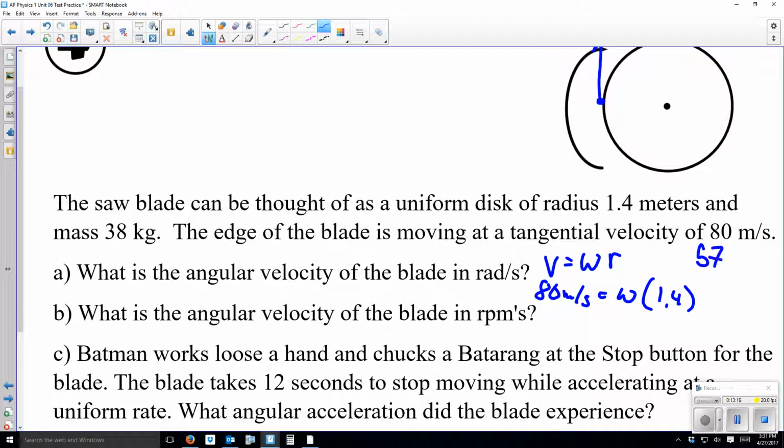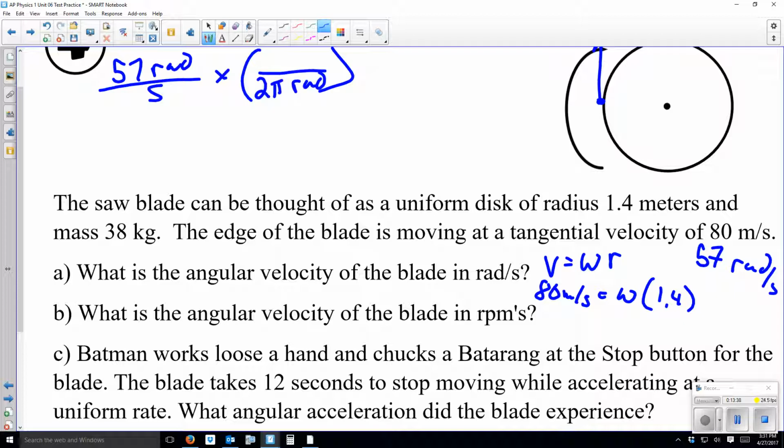Then it just wants a conversion to get into revolutions per minute. So I'm going to take 57 radians per second. I know that I've got to get it into revolutions per minute. So I'm going to convert my radians first. There are 2 pi radians in 1 revolution. So that means that my radians cancel out. And then I need one more little conversion.